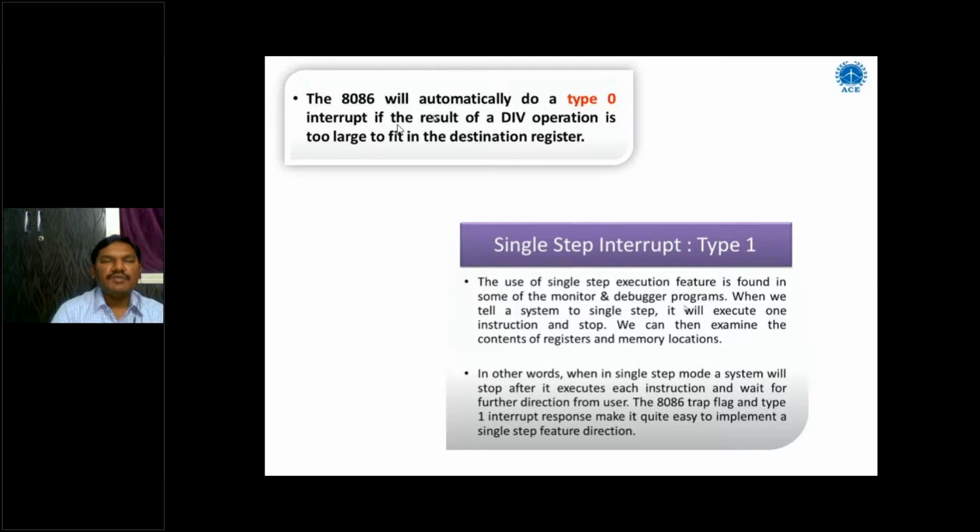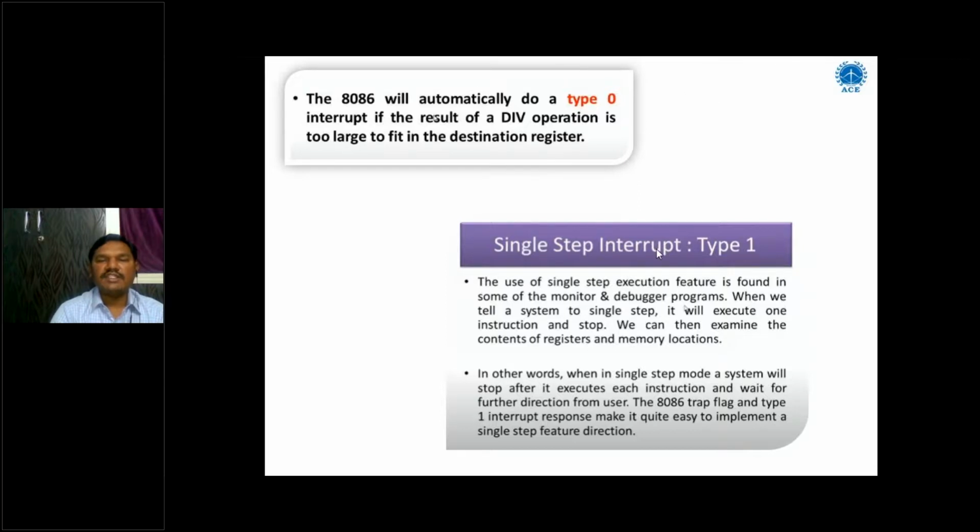The 8086 will automatically do a type 0 interrupt if the result of a division operation is too large to fit in the destination register, like 1 by 0 or anything by 0, which is infinity. So that's why type 0 will be triggered, and it shows that the result cannot be displayed because it is an infinite value. That is what we call the type 0 interrupt.